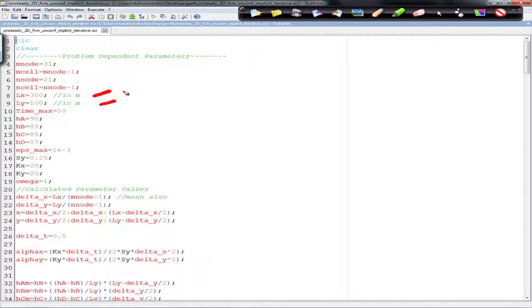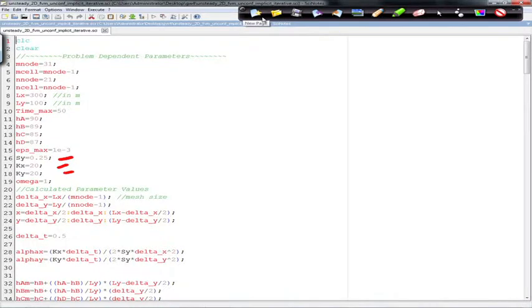Time max I have written as 50, HA, HB, HC, HD, these values are directly available. EPS max, this is required for convergence. Sy is 0.25, Kx, Ky, these values are 20 meters per day.